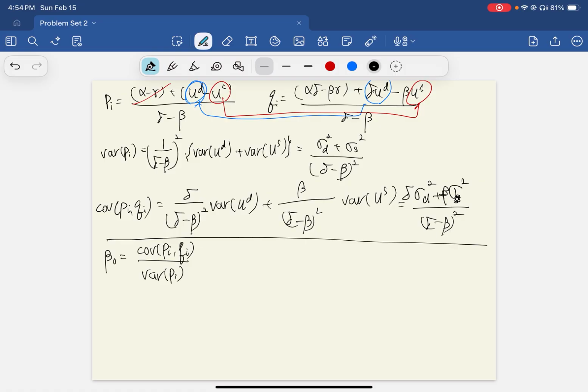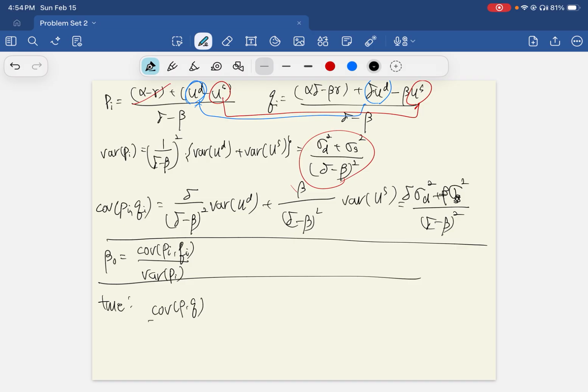This is what you think, but your truth is, using these, in reality, covariance of PQ over variance of P is delta sigma_d squared plus beta sigma_s squared over sigma_d squared plus sigma_s squared, right?